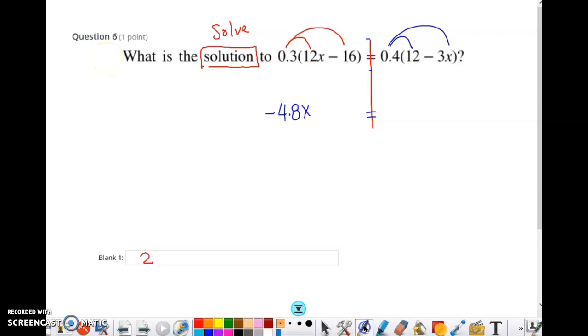Okay, let me see. It was not a negative. It was 3.6x. The 0.3 times negative 16 was negative 4.8. On the other side, 0.4 times 12 is 4.8. And then 0.4 times negative 3 is a negative 1.2x.